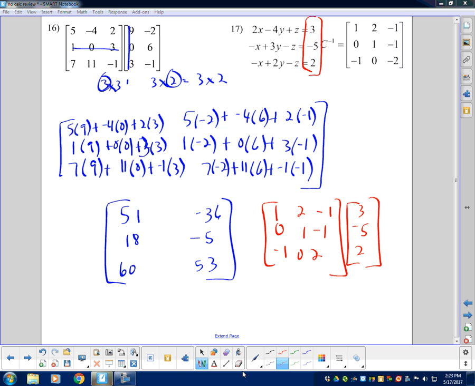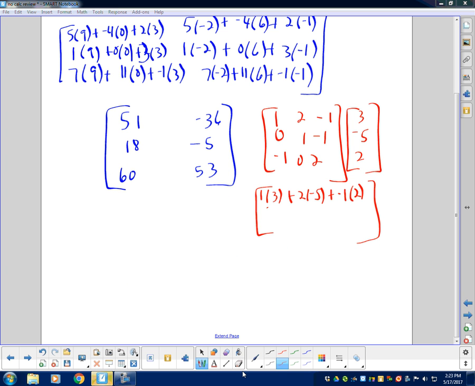So multiplying those down, we get 1 times 3 plus 2 times negative 5 plus negative 1 times 2. And then 0 times 3 plus 1 times negative 5 plus negative 1 times 2. And then negative 1 times 3 plus 0 times negative 5 plus 2 times 2.